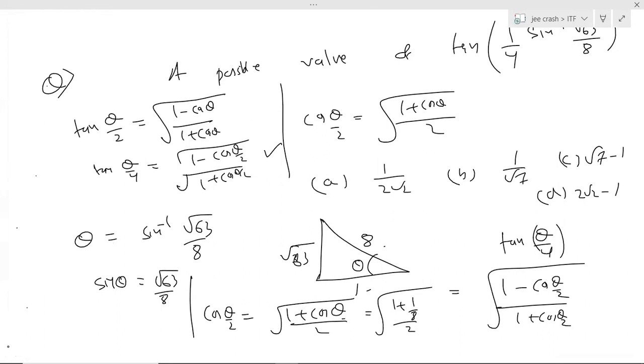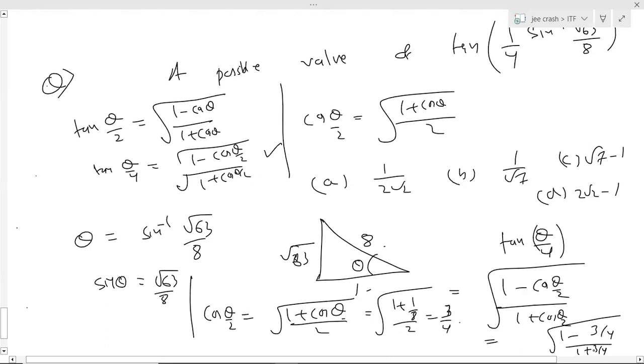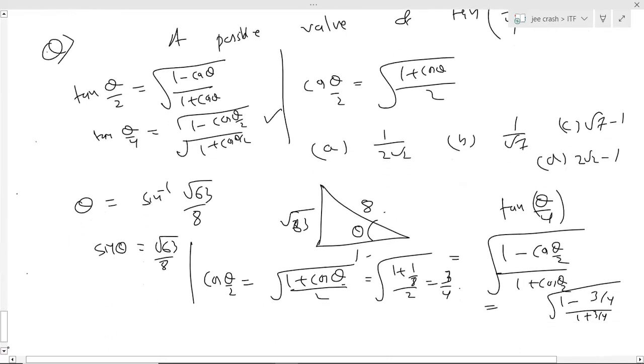So 8 plus 1, 9 upon 16. So 3 by 4. All right, cos theta by 2 is 3 by 4. If you put the value here, (1 minus 3 by 4) upon (1 plus 3 by 4) under root. So 4 minus 3, 1 upon 4. This is 7 upon 4, so 1 upon under root 7.